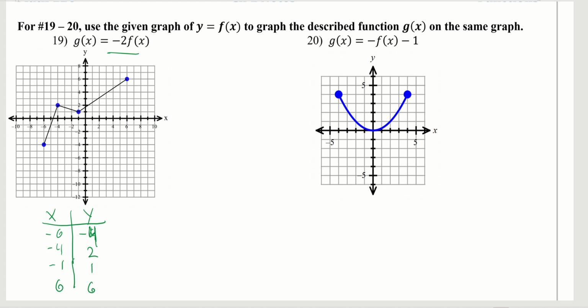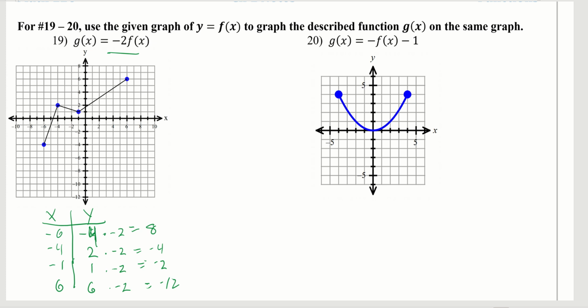So a stretch and compress is a multiplication. So I'm going to multiply each of these guys by -2. If it was like a horizontal shift, I would be adding or subtracting. So if I do that, this is +8, this is -4, -2, and -12.